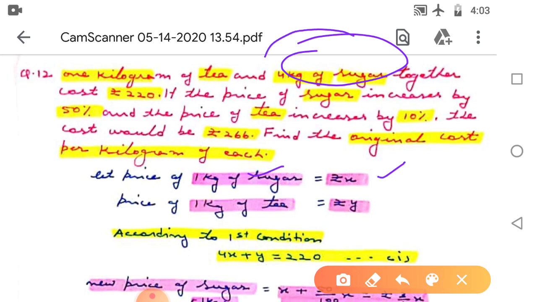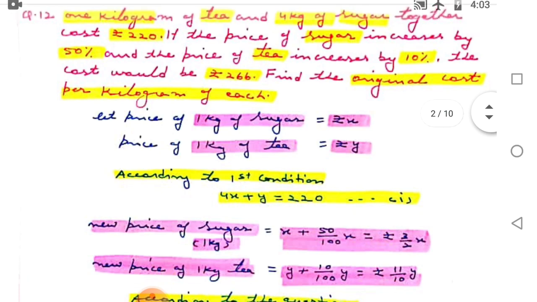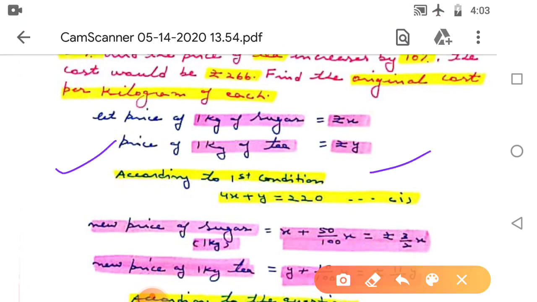So what is the price of 4 kg of sugar? That is 4x. And the price of 1 kg of tea is y. So according to the first condition, 4x plus y is equal to 220 rupees.